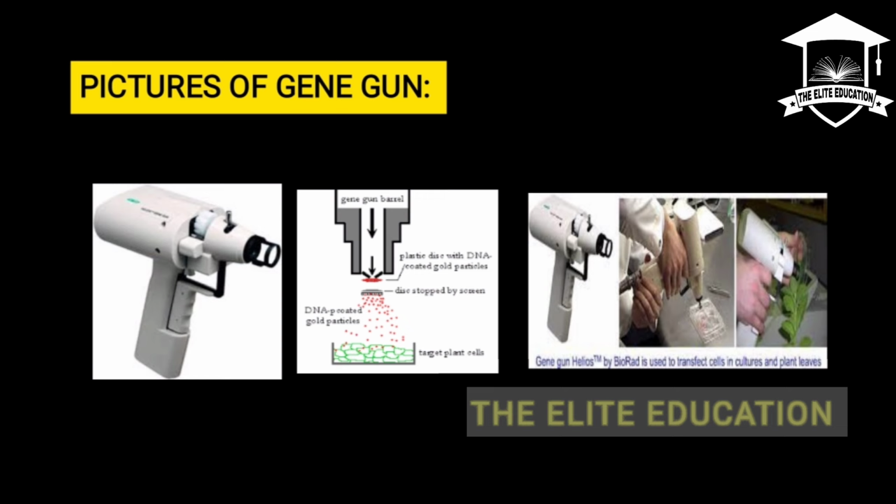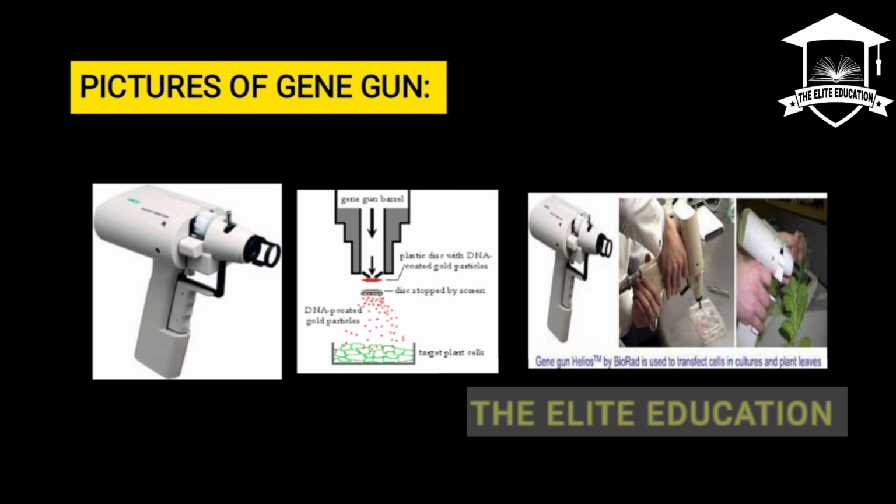You can see that when the gun was used and the trigger was released, different DNA coated particles are entering into the target plant cells with a high velocity. And this is the final slide, as you can see how it is being used by scientists for transferring those DNA particles into the cell.